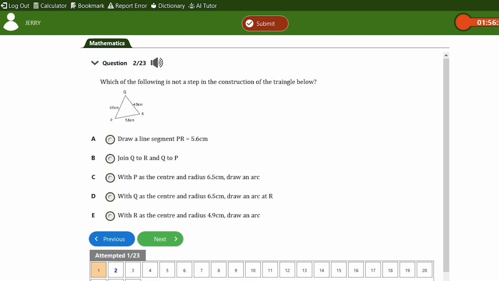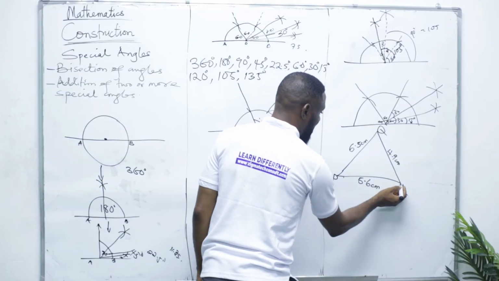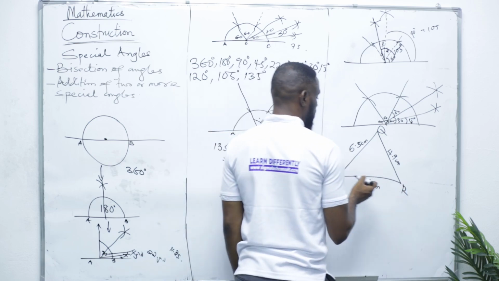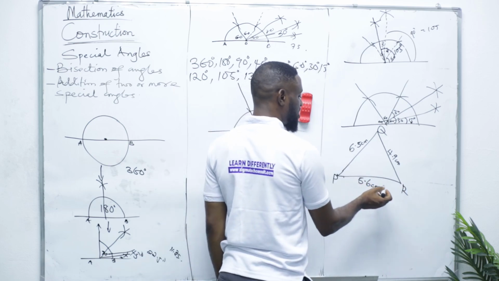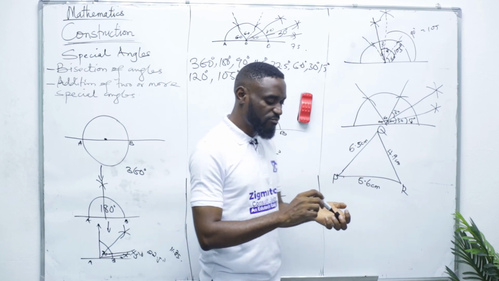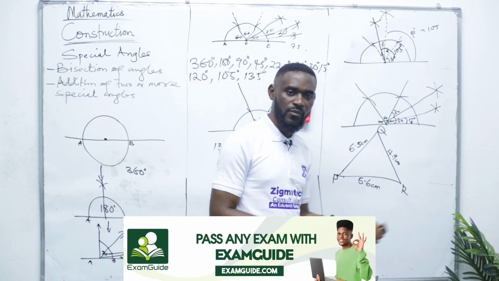Now, to construct this triangle, this is a line, line PR. It means that this line PR is 5.6 cm, meaning before this line was drawn, 5.6 cm was measured to draw this line.